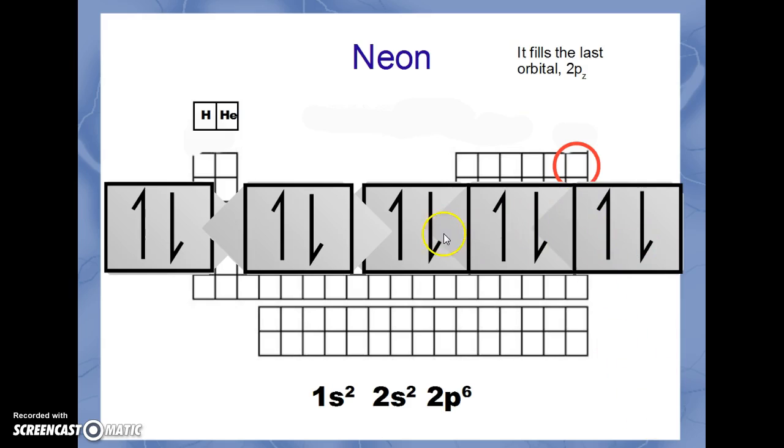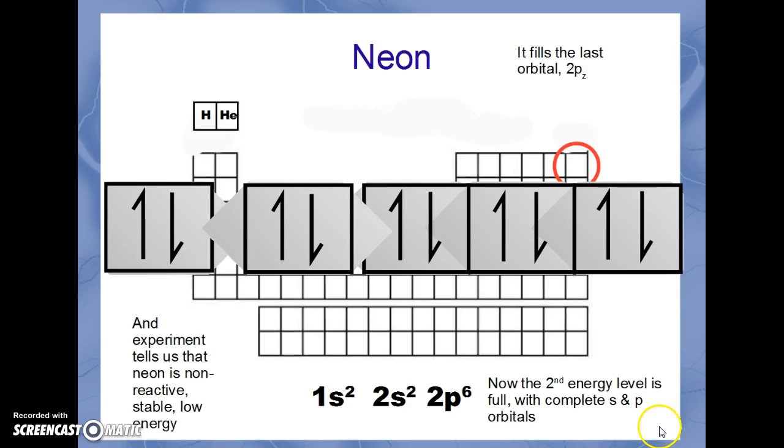So between them they have 2, 4, 6 electrons. Neon is 1s2, 2s2, 2p6. Now the second energy level is full with complete s and p orbitals. Experiment tells us that neon does not react. It is a stable low energy element.